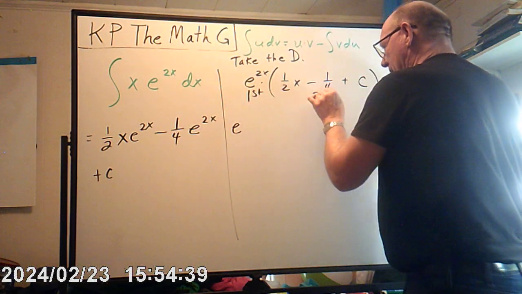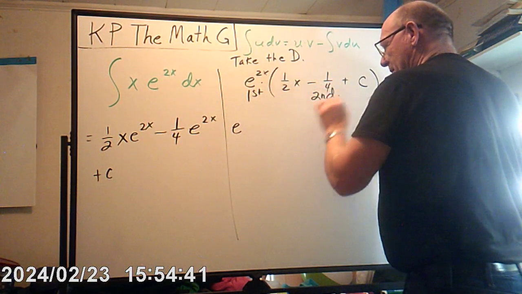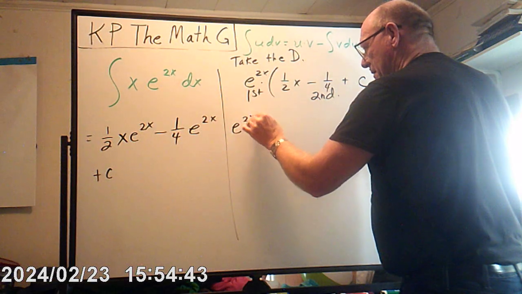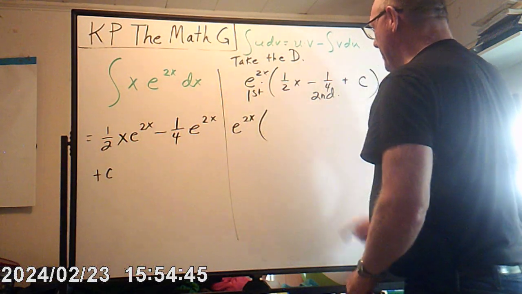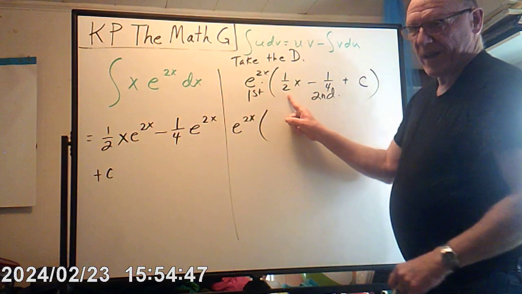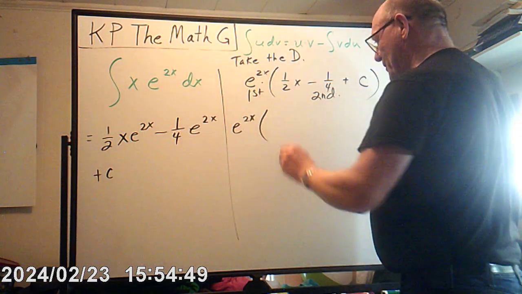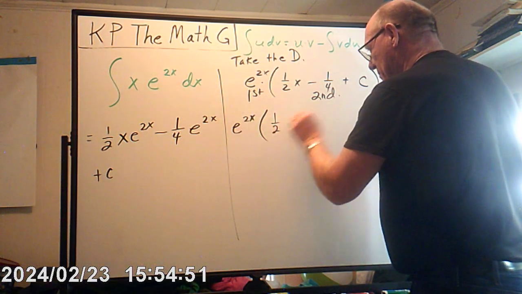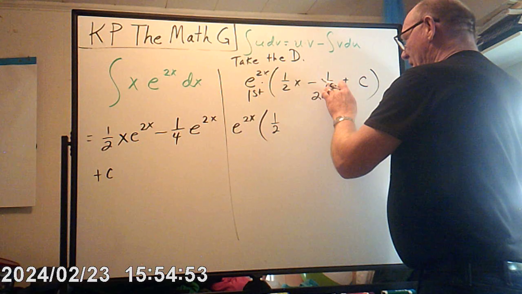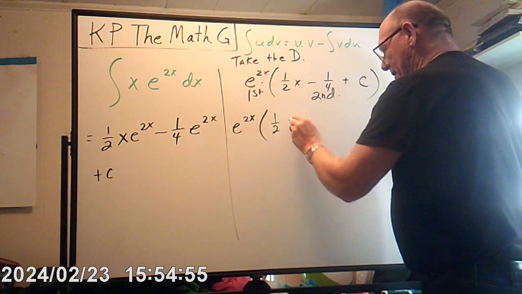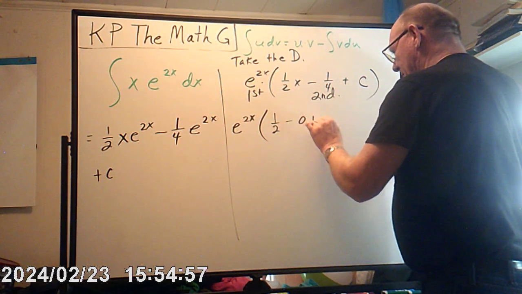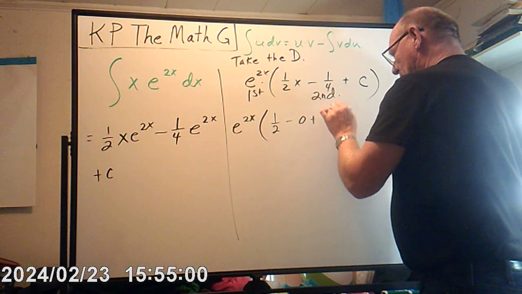This is the second. All of this is the second. The first times the derivative of the second. Derivative of 1/2 x is 1/2. Derivative of 1/4 is 0. Derivative of a constant is 0.